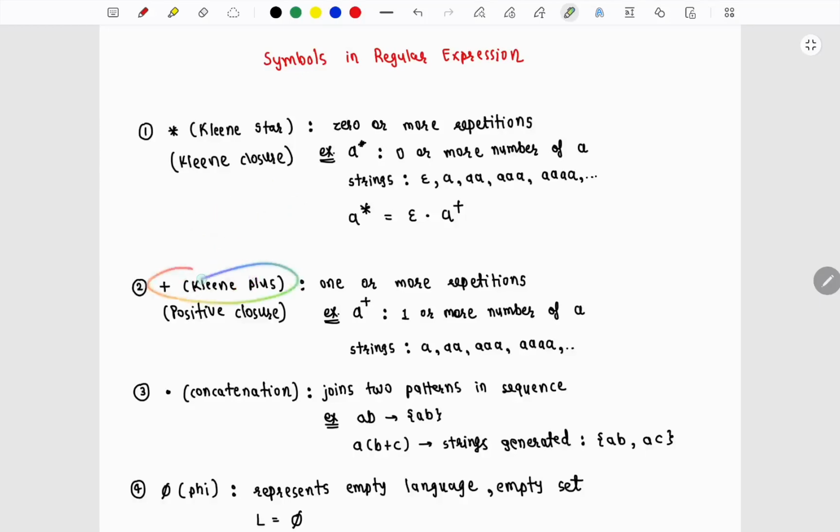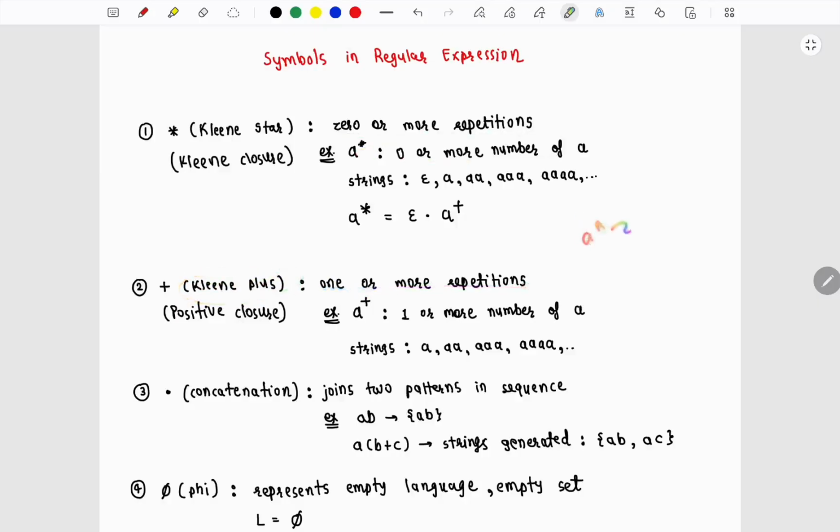Now, what is Kleene closure or Kleene plus? Kleene closure means zero or more repetitions and Kleene plus means one or more repetitions.